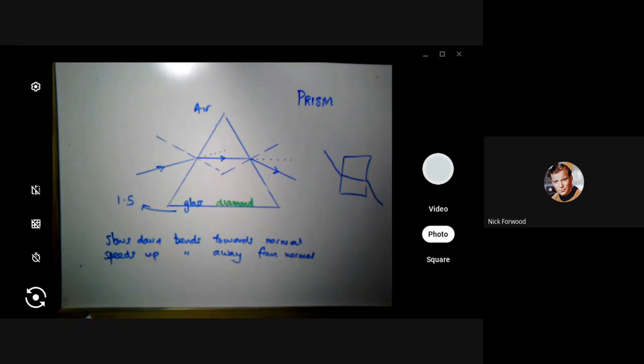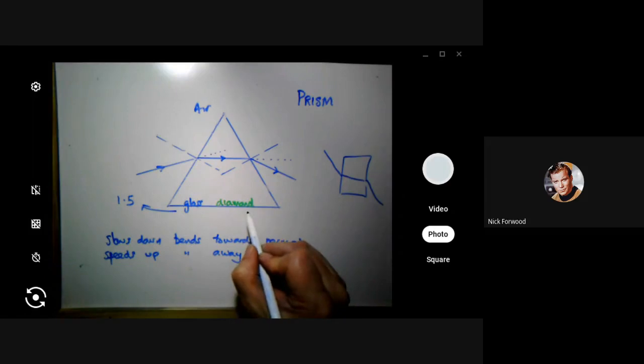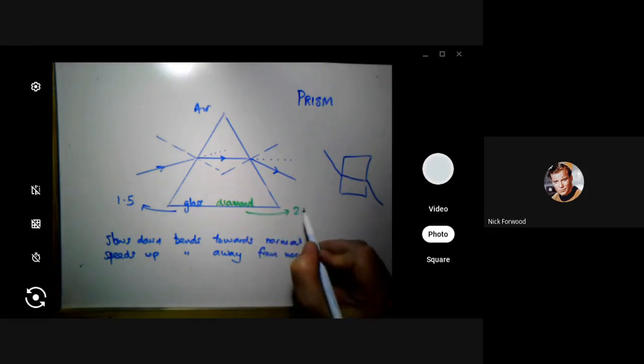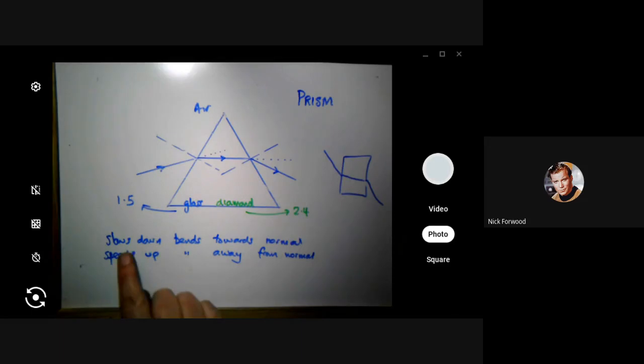I don't know the speed of light in diamond, but it's much, much slower. So that means the refractive index is much, much bigger. I guess it's around 2.4. I suspect it's 2.42 or something. So what does that mean? If it went into diamond, it slows down even more.